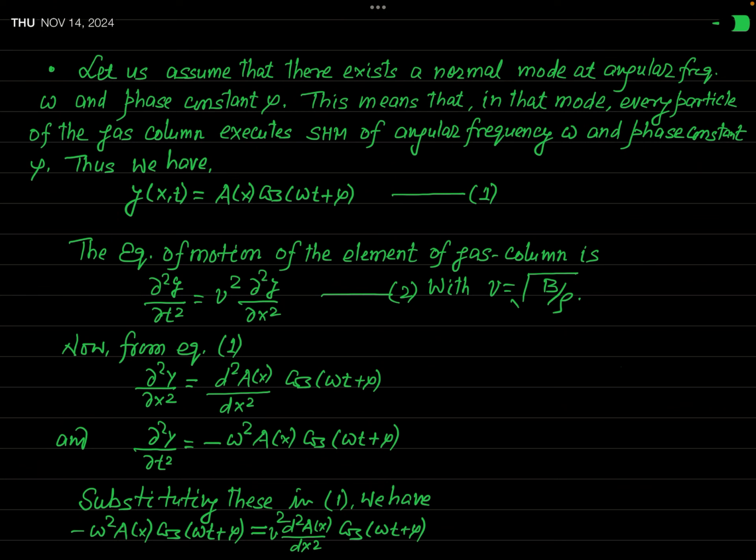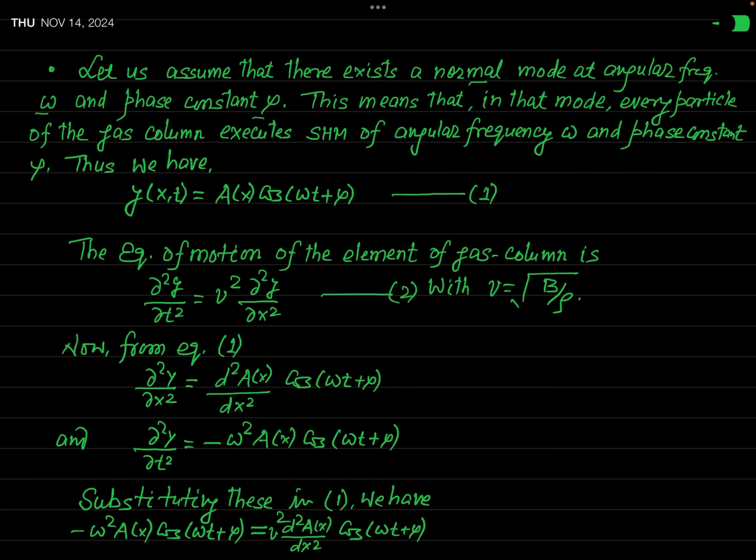Now we consider, as you have seen earlier, that there exists a normal mode of angular frequency omega and a phase constant phi. When you say that there exists a normal mode at frequency omega and phase constant phi, what does it mean?